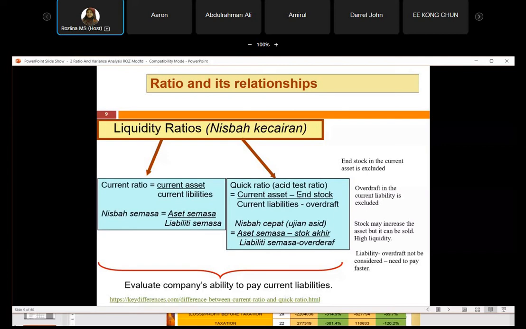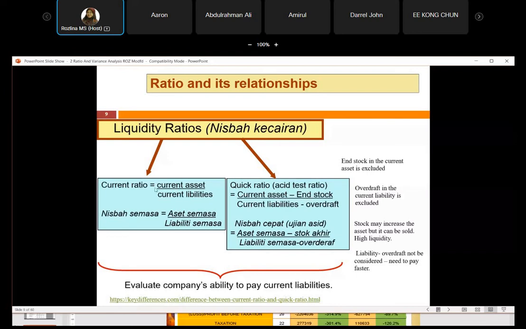Why? Because the end stock will give the effect of being unstable, since end stock will change anytime.